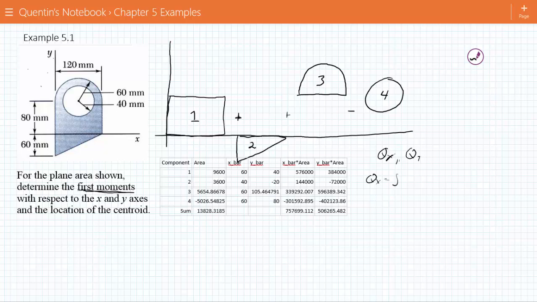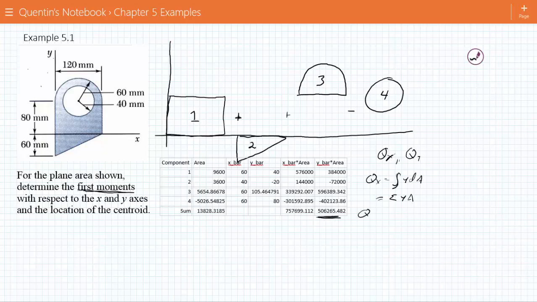So Qx is the integral of y dA, right? But for this, it's going to be equal to the sum of y times A. So what is that? Well, we have that right here. Boom.